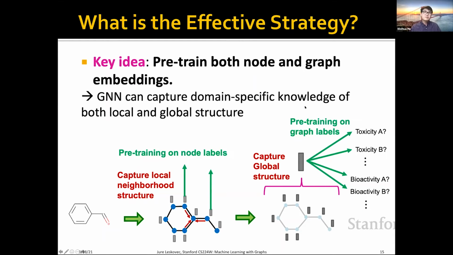In the naive strategy, we pre-train GNNs only at the level of the graph, using the graph embedding to make various predictions. But we think it's important to also pre-train the node embeddings, because they are aggregated to generate the embedding of the entire graph. So we need high-quality node embeddings that capture the local neighborhood structure well.